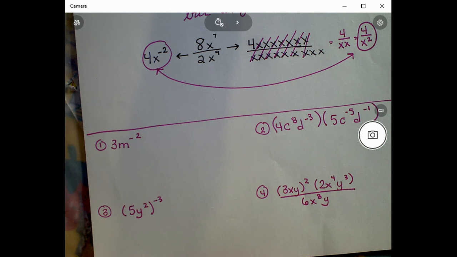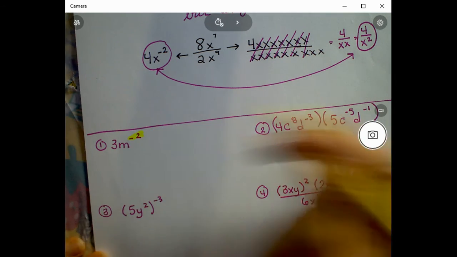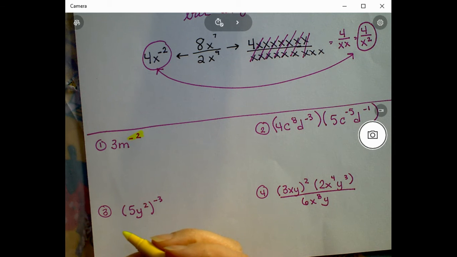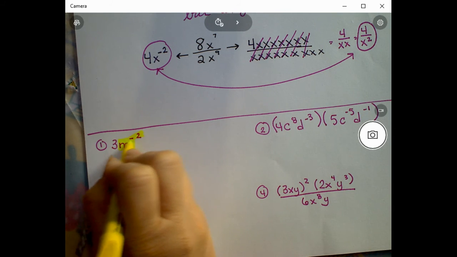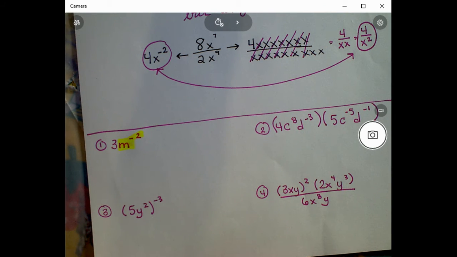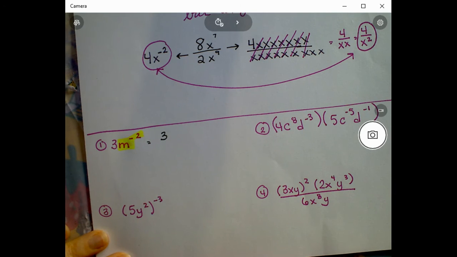All right, super important thing to remember is that the exponent applies to what is directly next to it to the left. So this negative 2 is only with the m, all right? Which means the 3 gets to stay in its place.